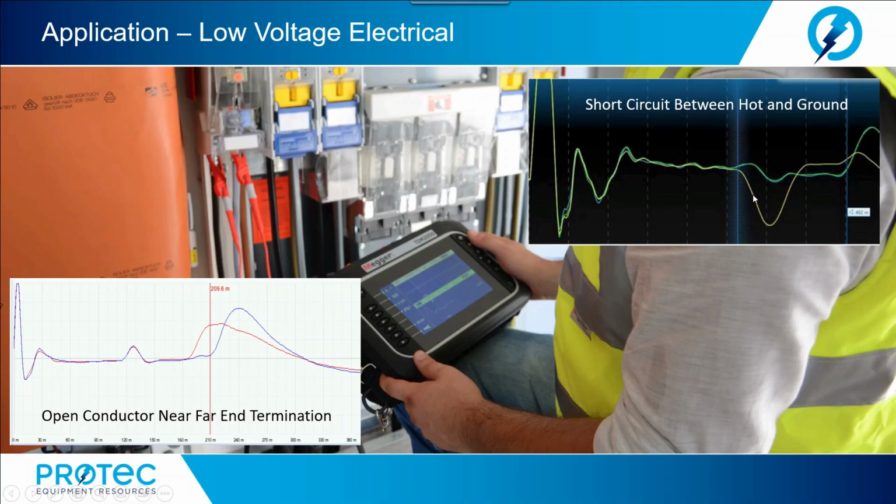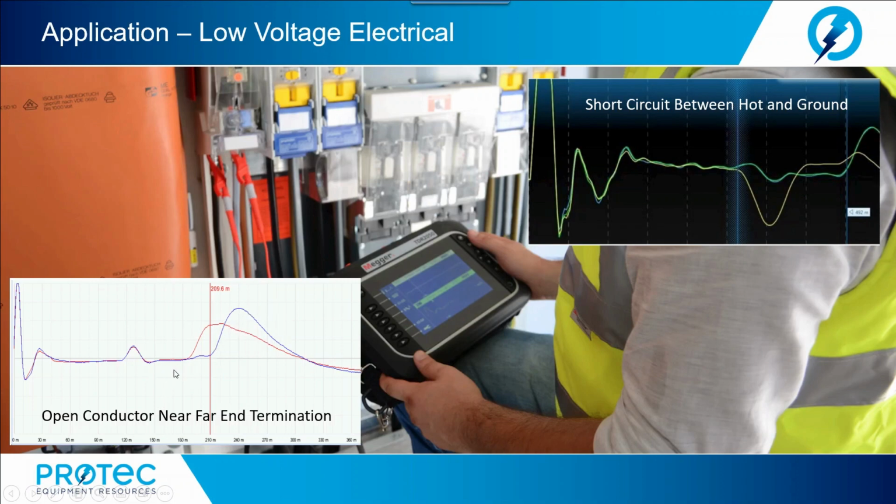Our conclusion, on the bad phase, we have a short circuit at the splice location. Now, here we show an open conductor near the end of a termination. In this one, on the good waveform, we would see a little bit of a high resistance splice, and we would see the end termination.